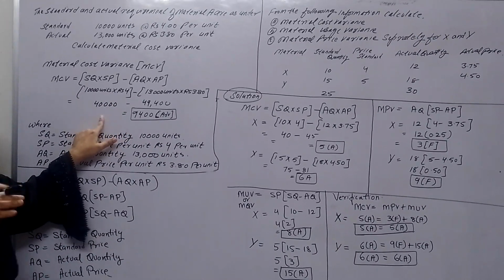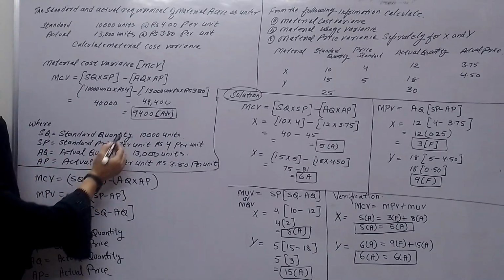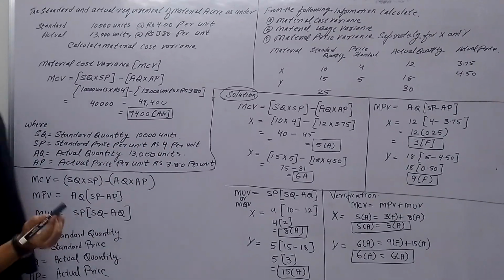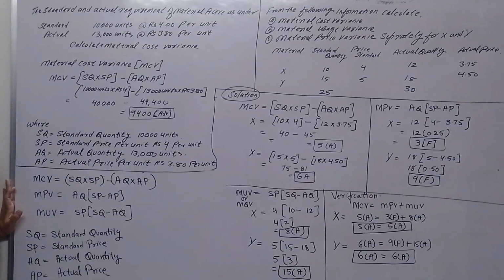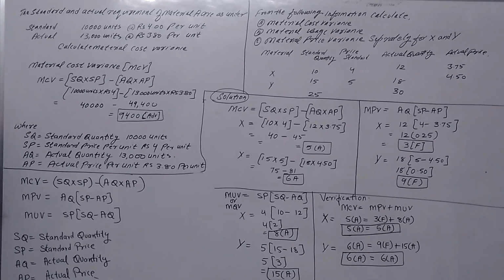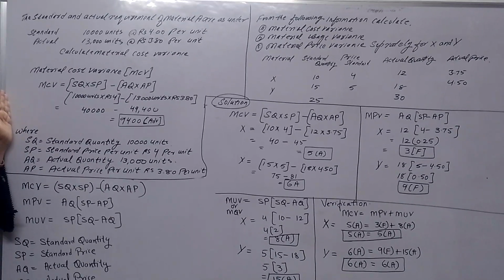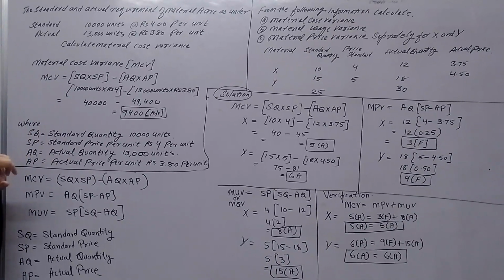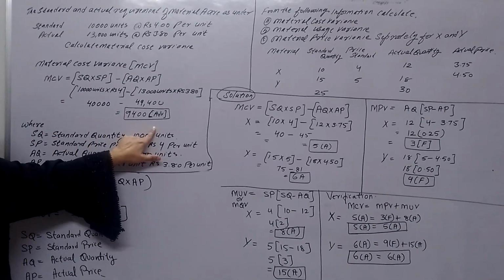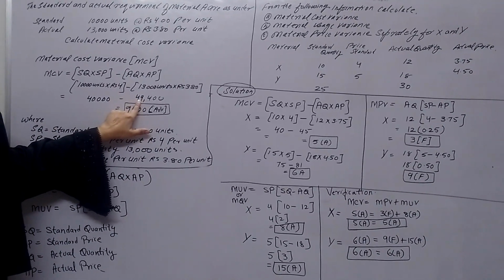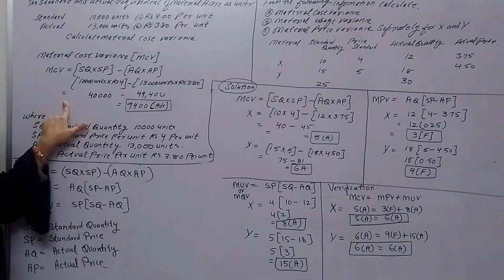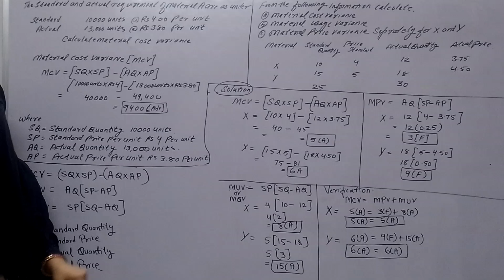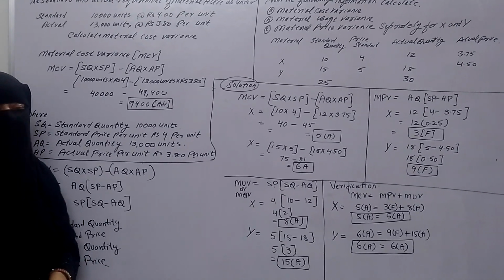So this 9,400 is the adverse variance. This question is very important for short 5 marks. Material cost variance is 9,400 adverse because actual cost is more and standard cost is less. Whenever actual is more, the deviation is called adverse variance.